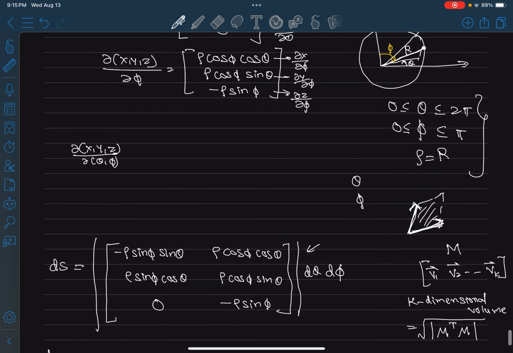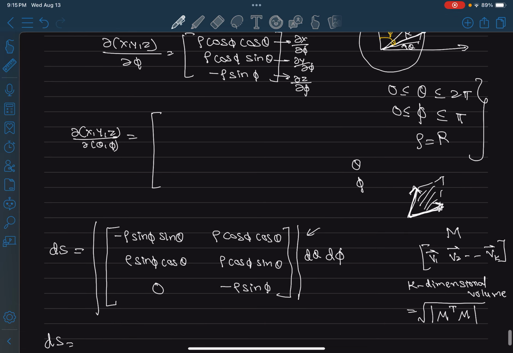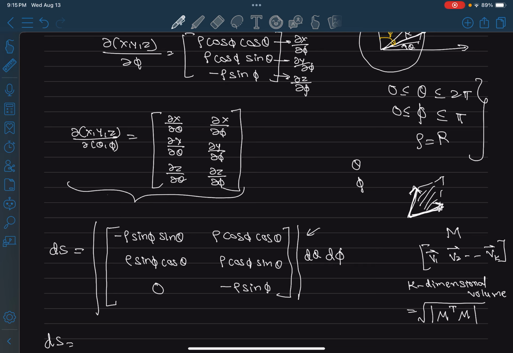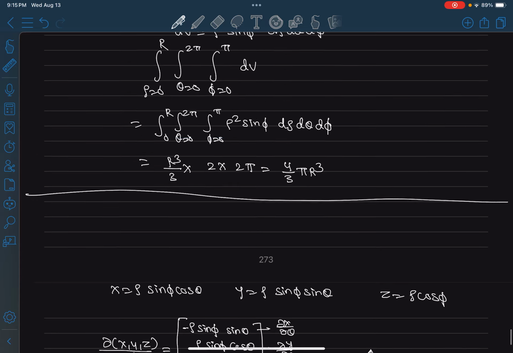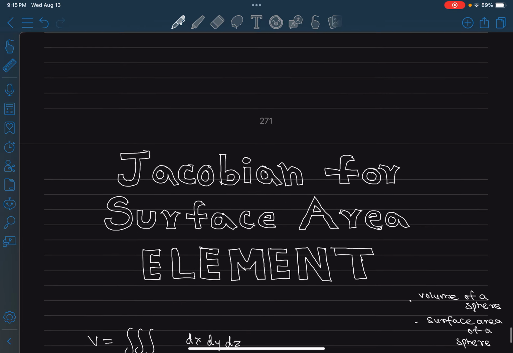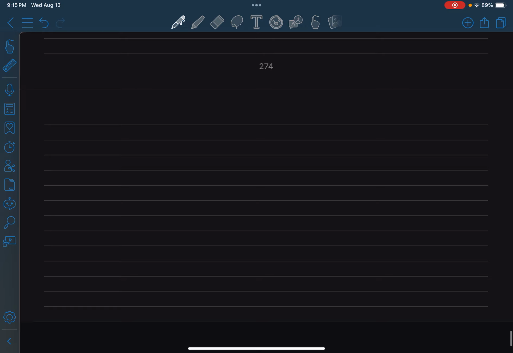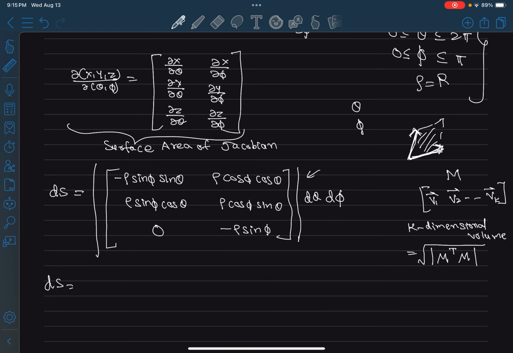Similarly, over here, the matrix for this is partial x by partial theta, partial y by partial theta, partial z by partial theta, partial x by partial phi, partial y by partial phi, partial z by partial phi. So that is the surface area Jacobian that I was talking about from the very beginning. That's our title, Jacobian subset element. I was talking about this from the beginning, and finally we have it. So our dS is this thing.